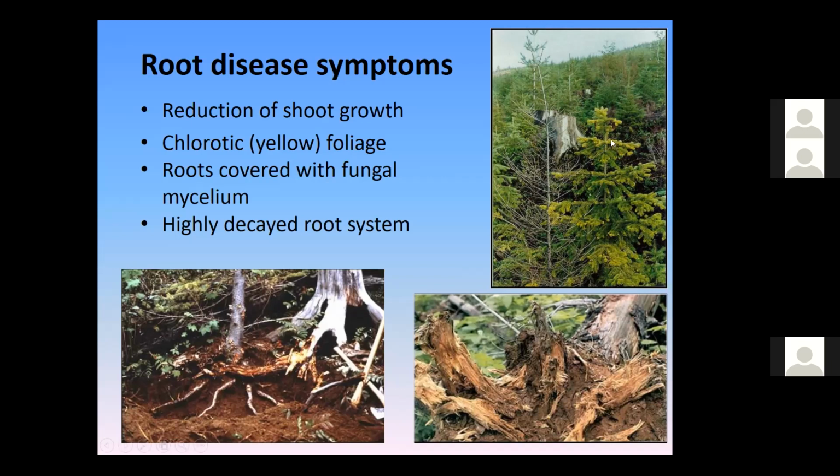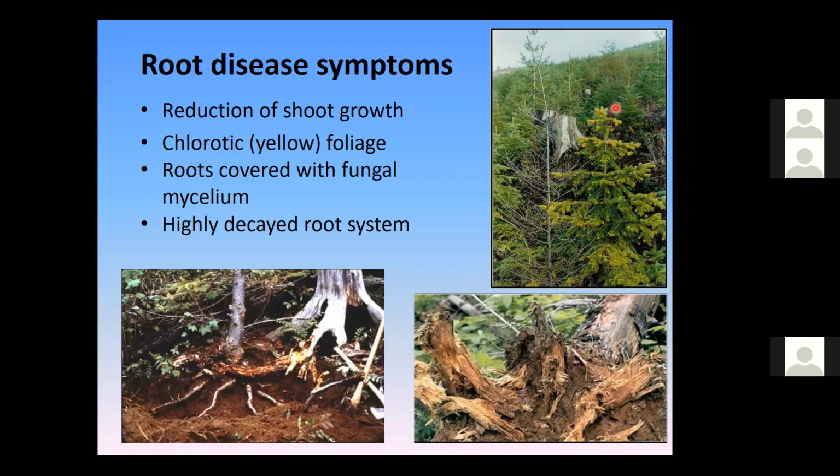So looking closer at this upper right photo, you have that old stump. Let's assume it had the fungus originally, and then these new trees either grew in or were planted. You've got one here in the foreground that's already completely dead. And then this one here has a yellow-green color to it.